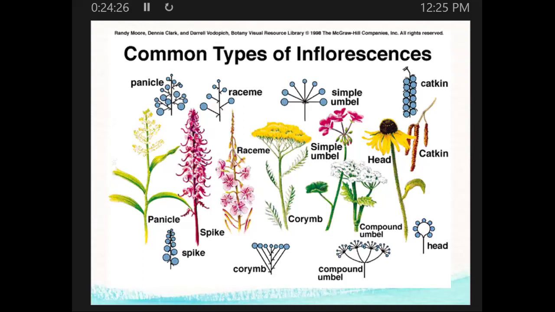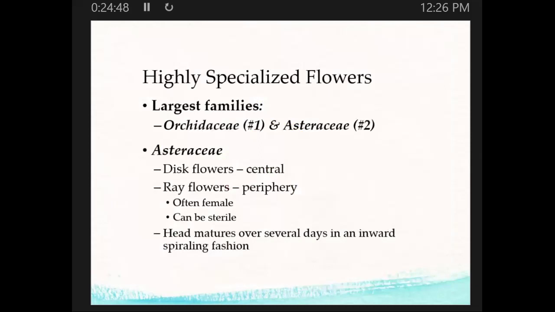If you are out hiking and trying to identify certain angiosperms, the field guide that you have with you will walk you through this. They'll ask you to look, is it a panicle type inflorescence or umbel? So they'll use that terminology, and you'll need to learn that if you ever do an identification out in the field.